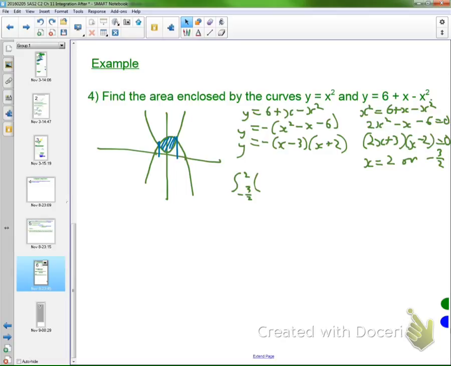So what we can do here is 6 plus x minus x squared subtract x squared with respect to x, which then gives us the integral from negative 3 over 2 to 2 of 6 plus x subtract 2x squared. Now this technique can be a lot faster, because then we're not having to evaluate two integrals and find the difference between them. We can find the difference between the two functions and then just evaluate one integral.